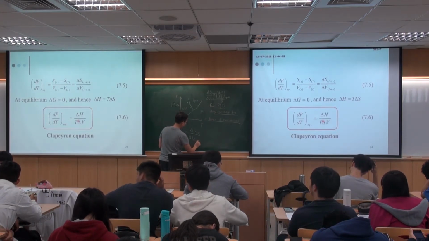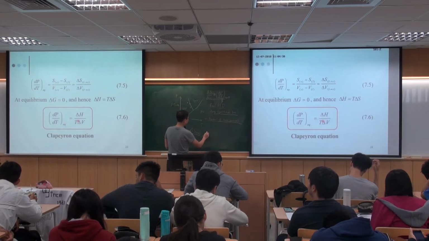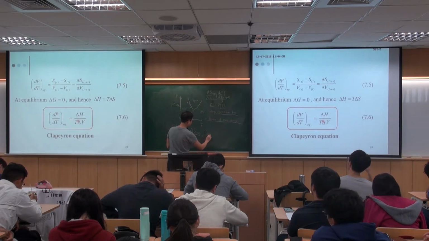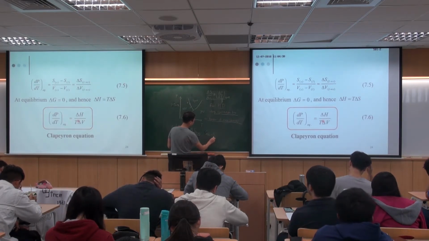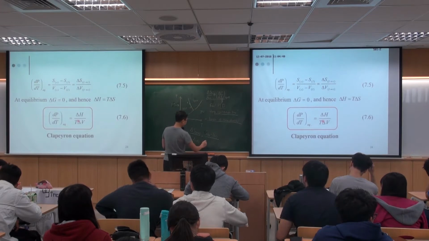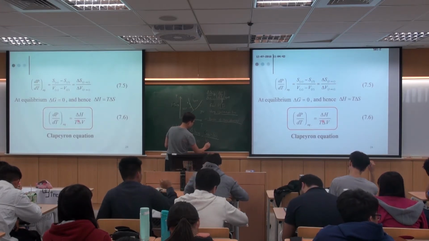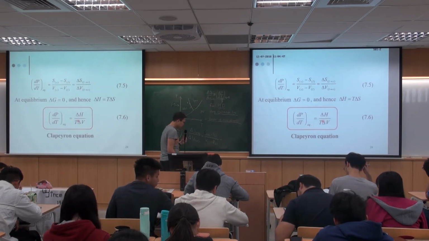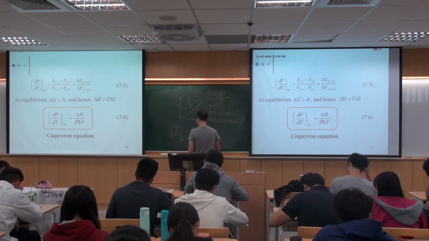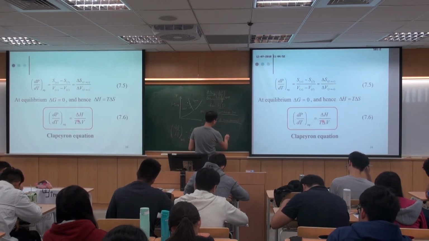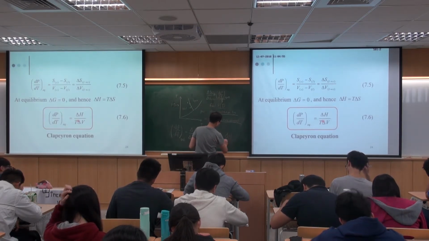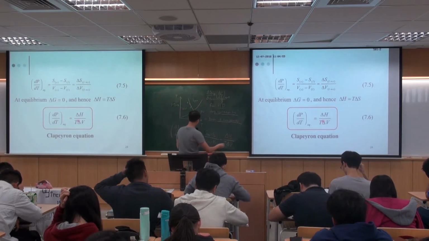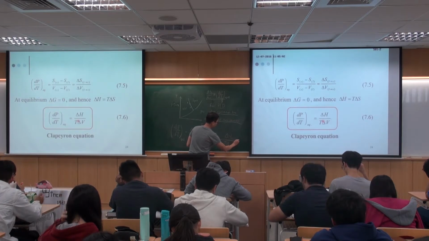If you write this like this, this is the solid phase, the liquid phase minus the solid, and this is further converted to... and let's say this is from solid to liquid.